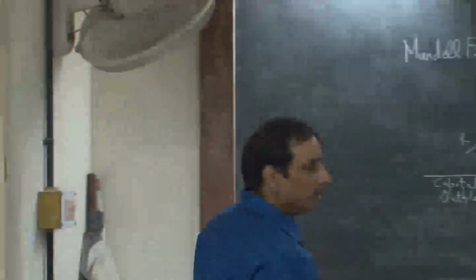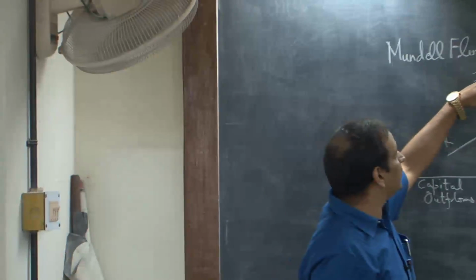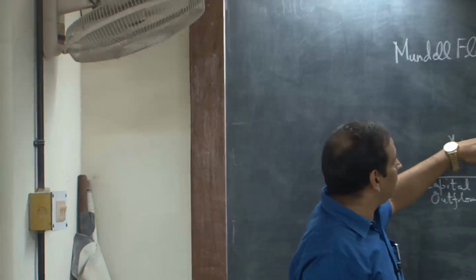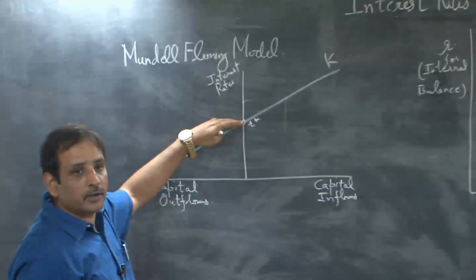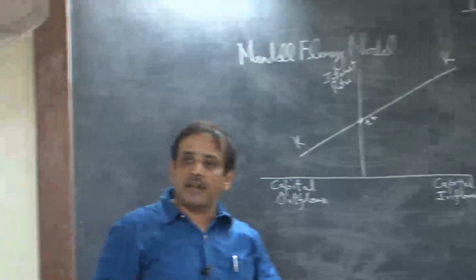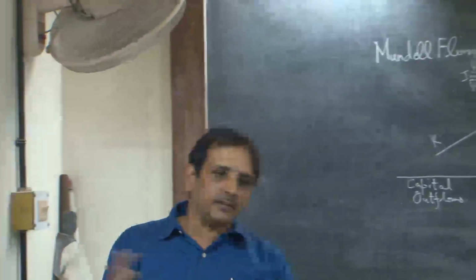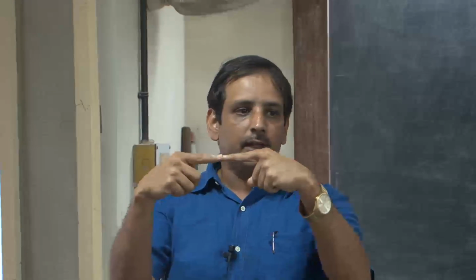If there was perfect substitutability between domestic and foreign bonds, as soon as the domestic interest rate is, say, lower than the foreign interest rate, there will be a sudden, complete shift out of the domestic bonds into the foreign bonds. And that differential will not remain any differential after some time.